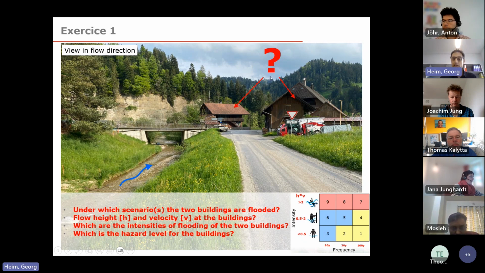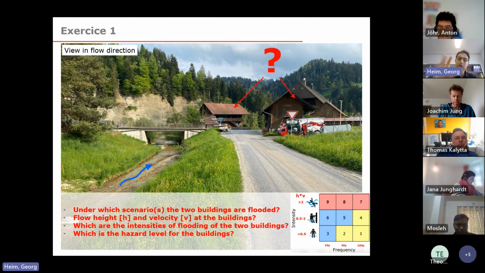the question for these 2 houses is under which scenarios these two buildings will be flooded. And I can say in advance, they are hazard prone, so they will be flooded in some of these scenarios: 10 yearly events, as you see on the right side down here in this matrix, or 30 yearly events, or extremely 100 yearly events.